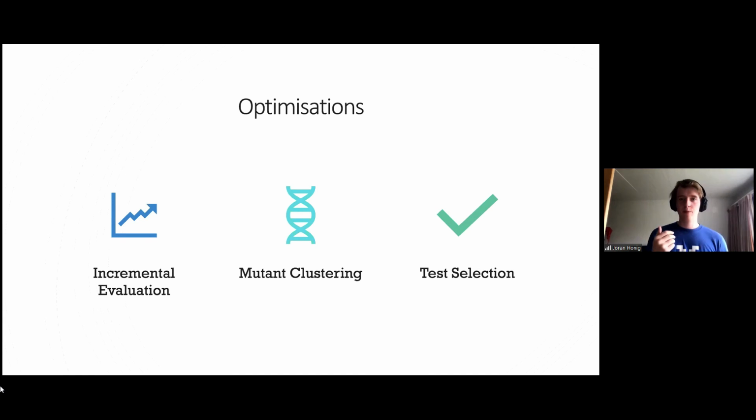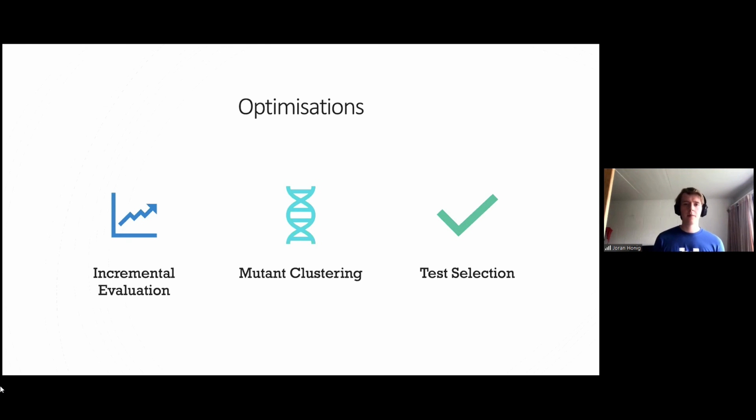Here the optimal improvement is that you only have to run one test per mutant, which would create a major speedup. The second optimization is mutant clustering, and what we do here is actually pretty similar to mutant sampling.